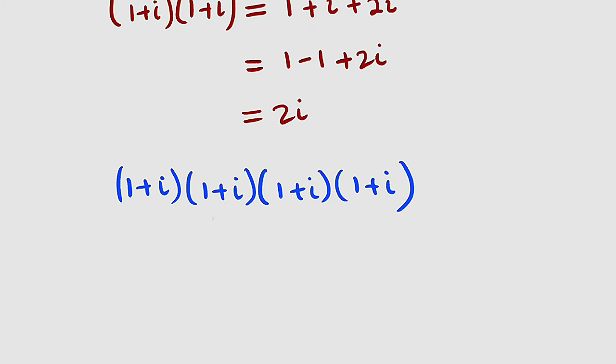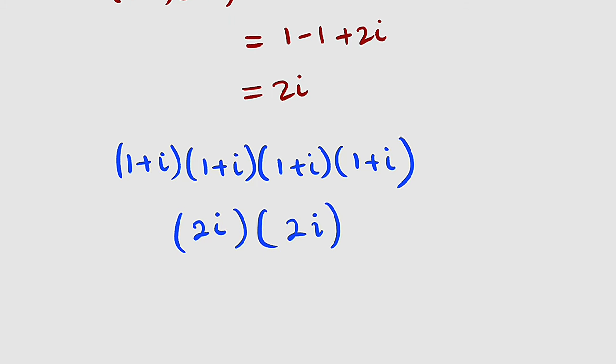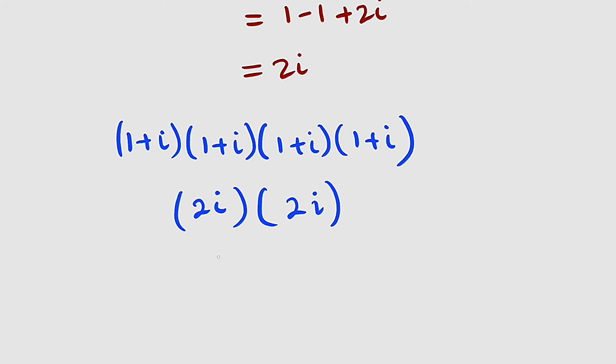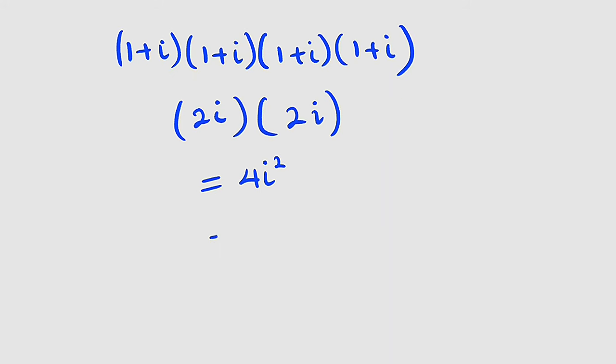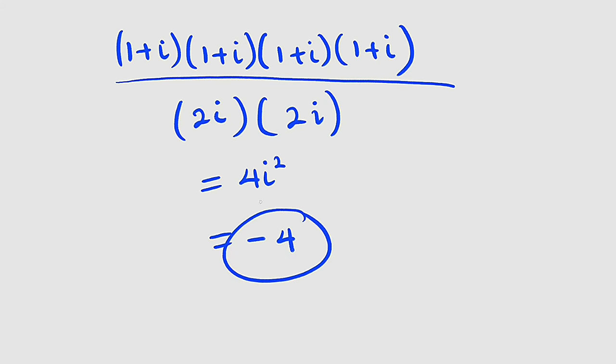We have seen that the first 2 will give us 2i, and the second 2 will also be equal to 2i. We have 2i times 2i, which is going to give us 4i squared, right? But remember that i squared is equal to what? Negative 1. Therefore, the whole of this will be negative 4. Now, the expansion of all of this 4 is equal to negative 4.